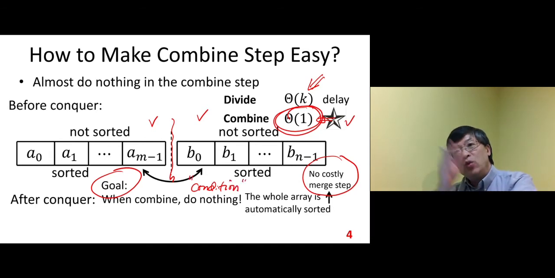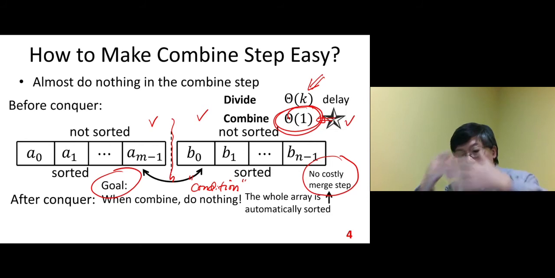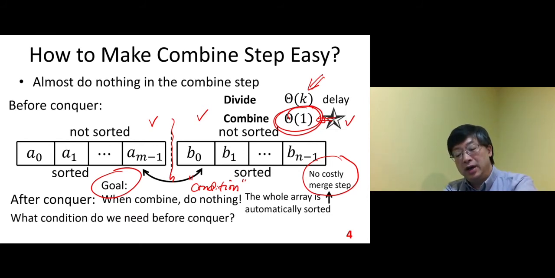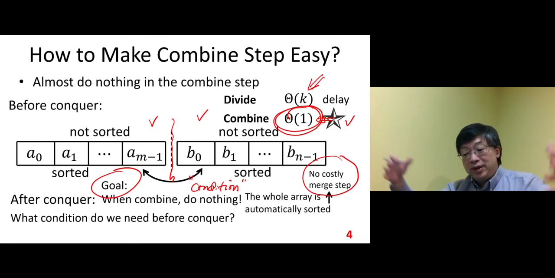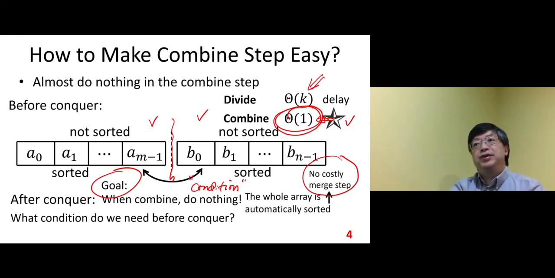So we need to know that condition. Under what condition, when we put them together, is the whole array sorted? That's the important thing. So think about under what conditions, if we put them together, the whole array is automatically sorted.